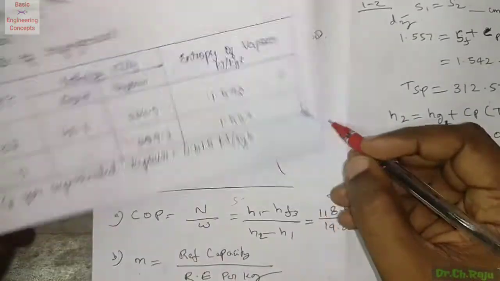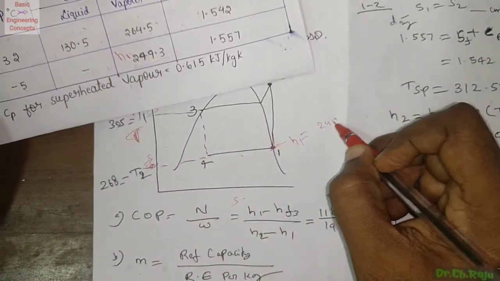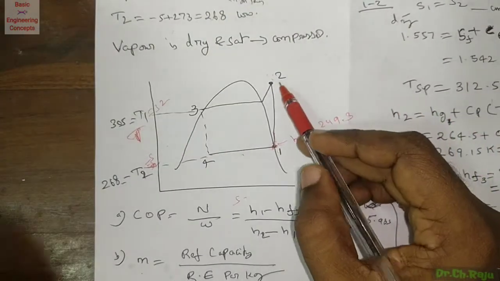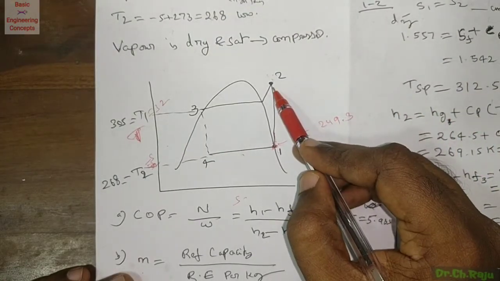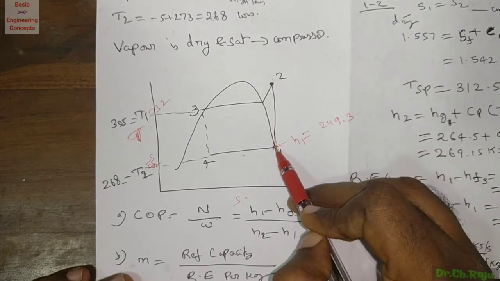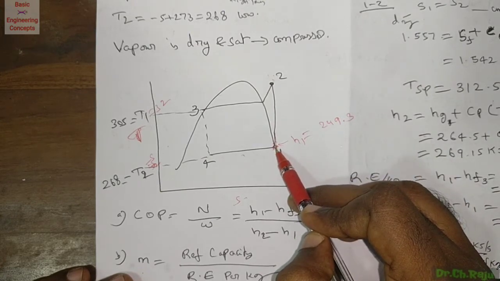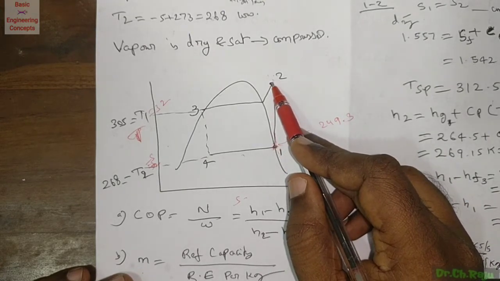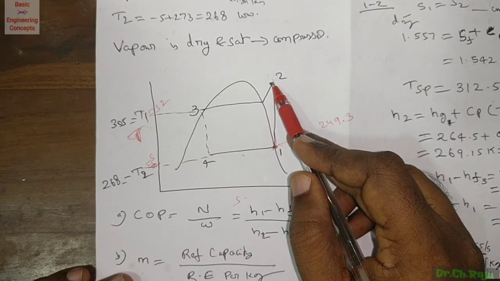So the enthalpy of vapor is equal to 249.3. But condition 2 is not known.